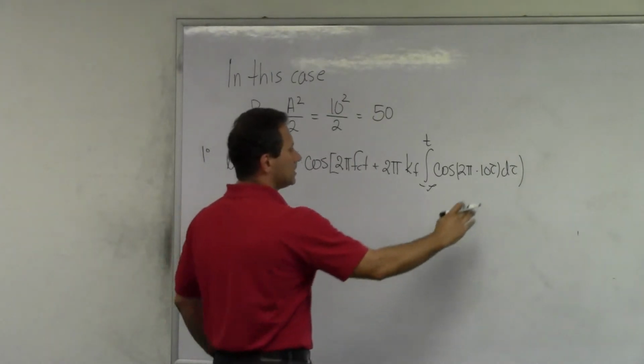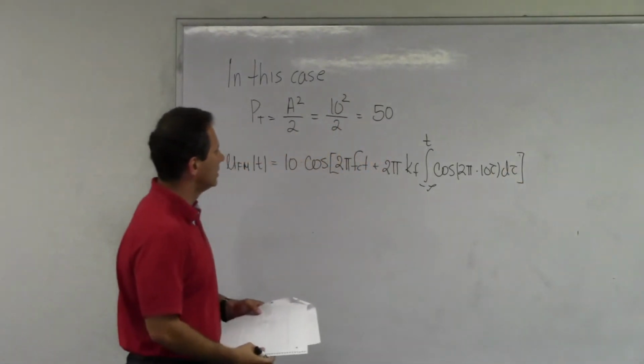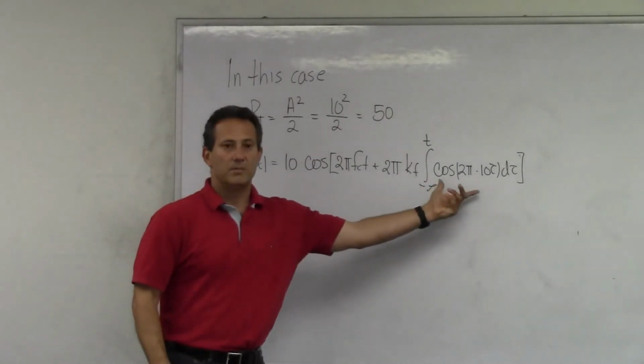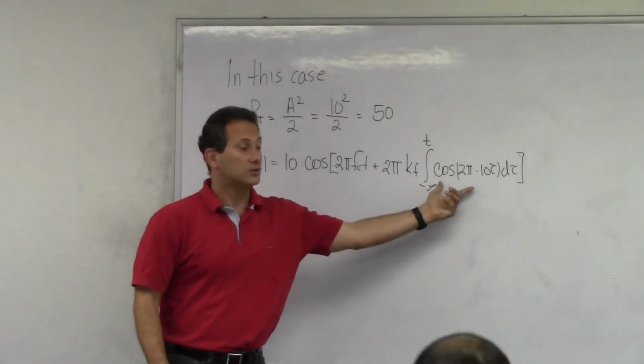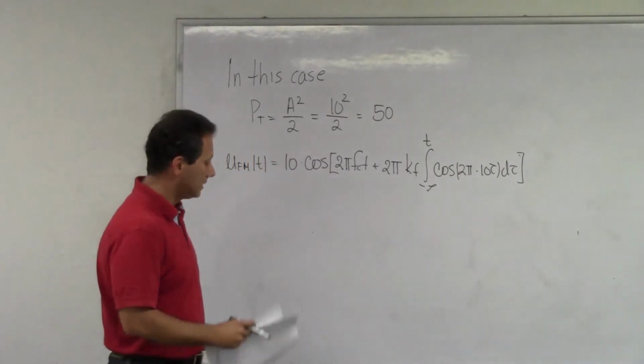How did I write this? Well, I'm just substituting into the general expression for the FM modulated signal my particular message signal. My message signal is cosine 2 pi times 10t. So I'm putting it in here.